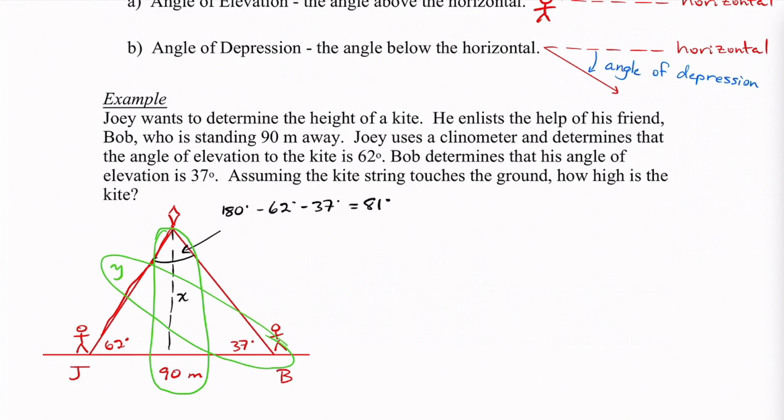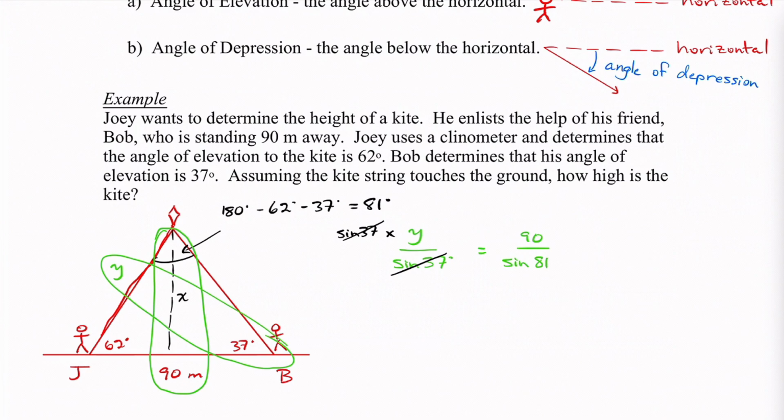I'll just call it Y. So if I am finding Y, I'm going to put Y over sine of the angle across from it, which was 37 degrees, and that is going to equal, and then I use my second pair, so that was 90 meters over sine of the angle across from the 90, which was 81. Okay, and then to get rid of the sine 37, I can multiply by sine 37.